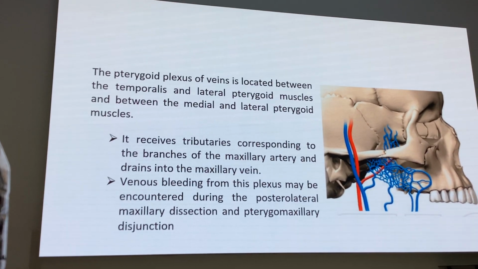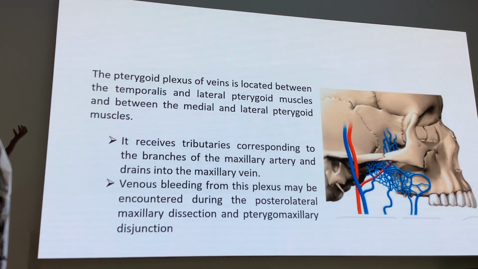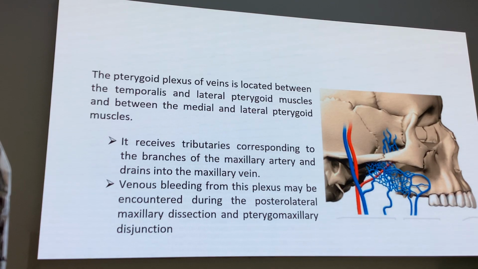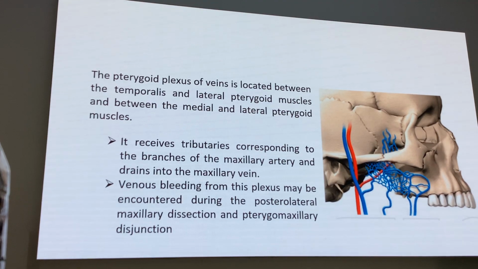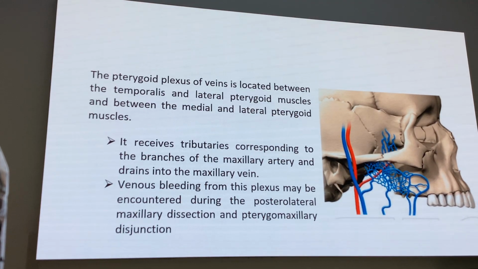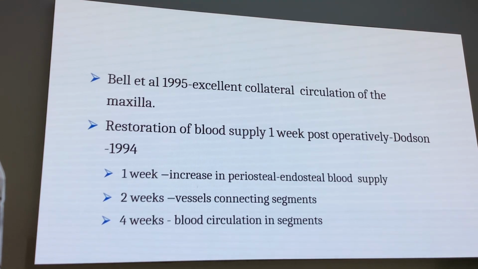And another important structure is the pterygoid plexus of veins. So you have to be very careful when you are dissecting going posteriorly. You have to be careful regarding the pterygoid plexus of veins, which is located between the temporalis and the lateral pterygoid muscles.